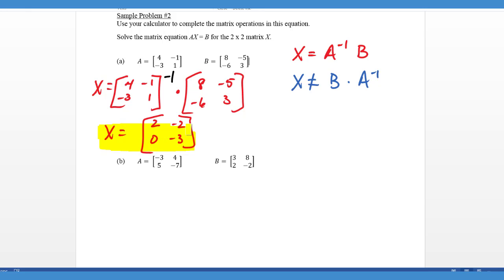Now, if you wanted to check this, you could always come back and plug this in and say matrix A times matrix X, punch that into your calculator, and the resulting matrix should be matrix B.